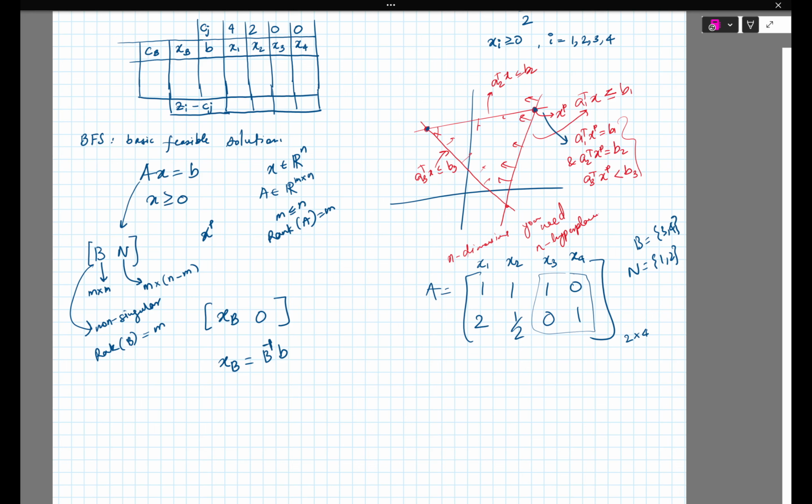So the non-basic variables are 0 and the basic variables are B inverse b. So this forms your BFS.